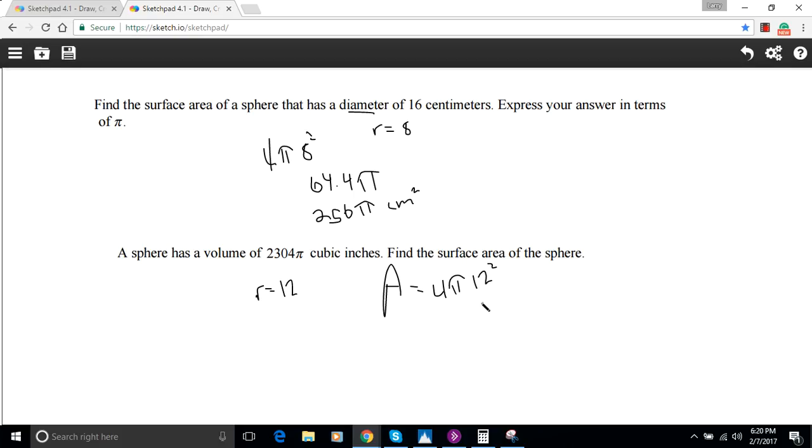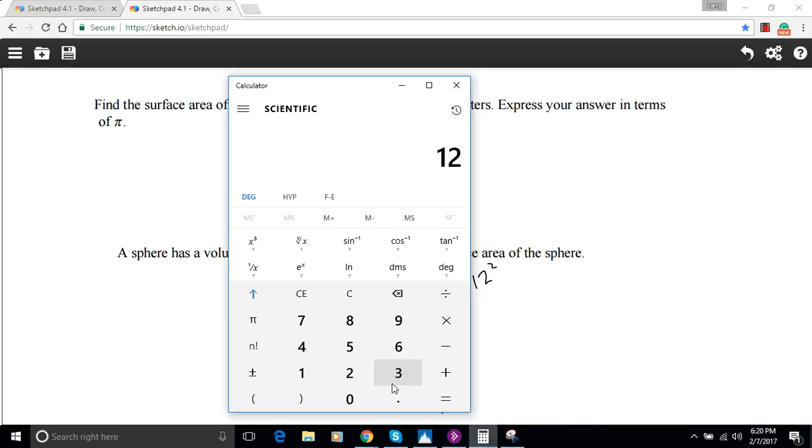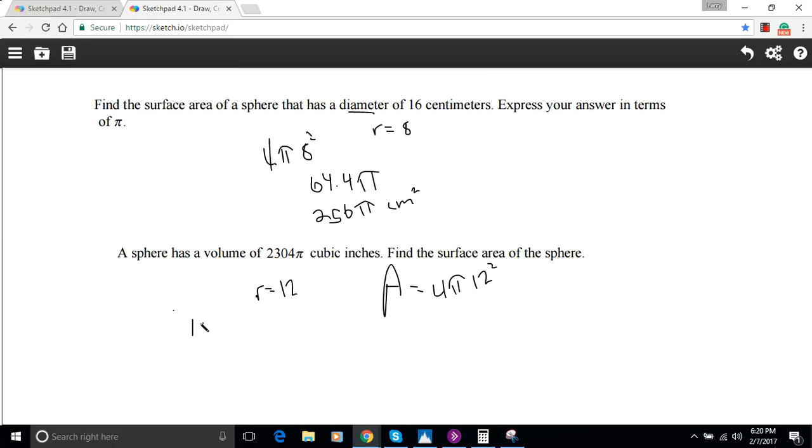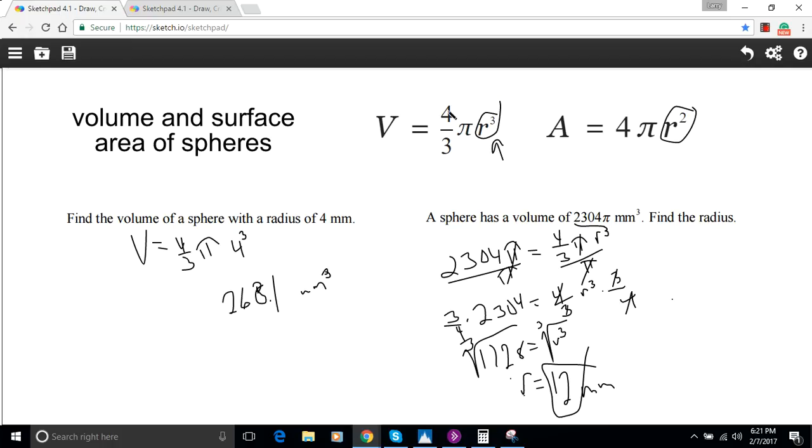So we're going to have 4 times 144 times pi. And that is 1809.6, let's say. And this is inches. And we just figured surface area, so this is square inches. So that is a little bit of work with volume and surface area of spheres.